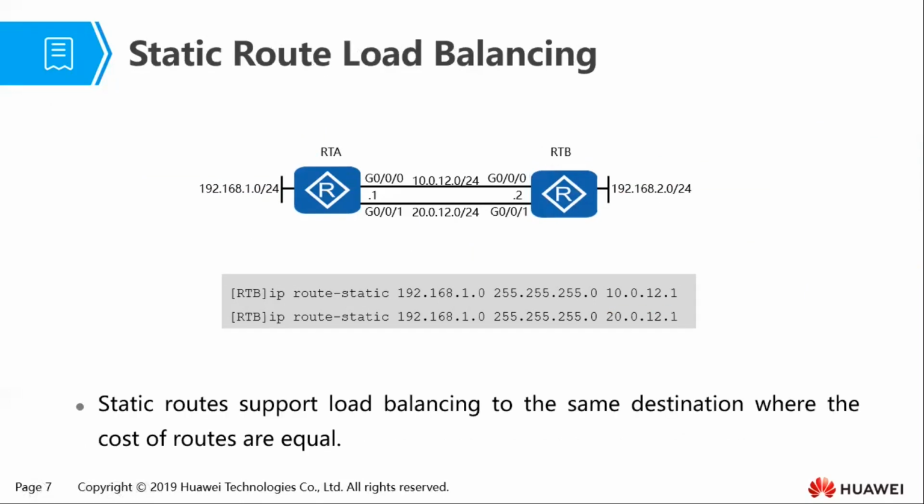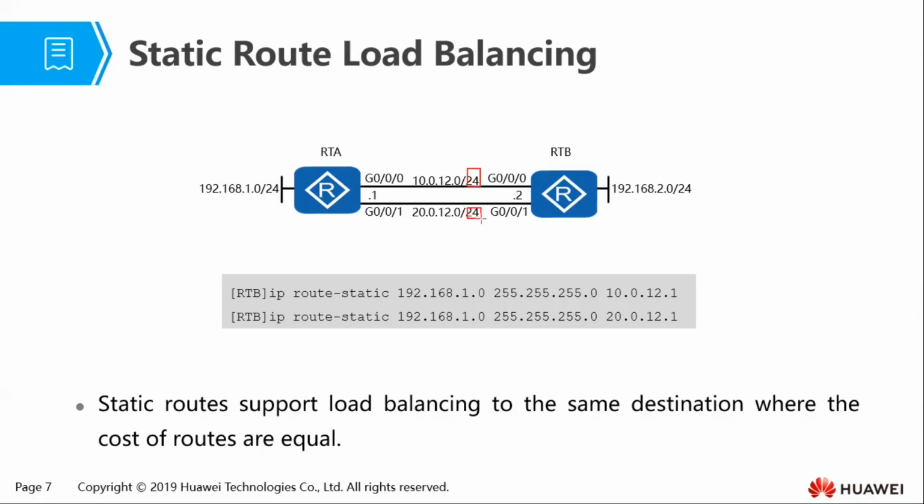Now, there's a concept of load balancing. I already talked about load balancing, but I'm just saying it here again. So in this particular case, these two routes have the same longest match. We can check by the slash here.